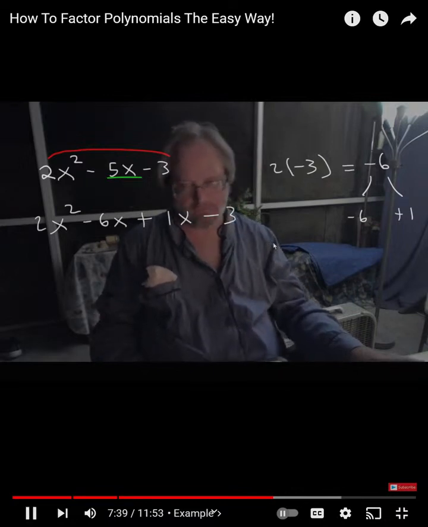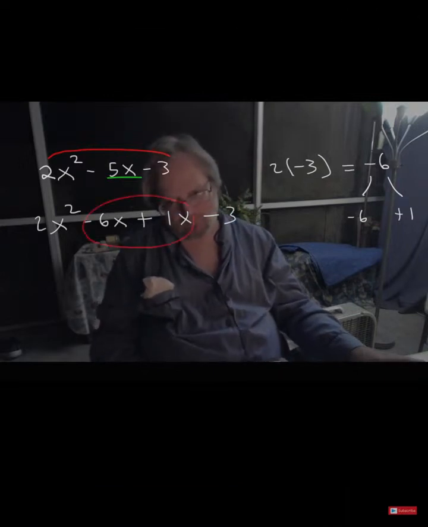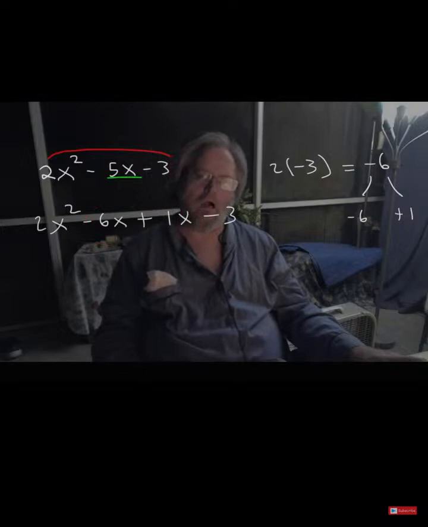Keep in mind the value of the expression is still the same because these two still add up to negative 5x. Now our next step is something called factoring by grouping.